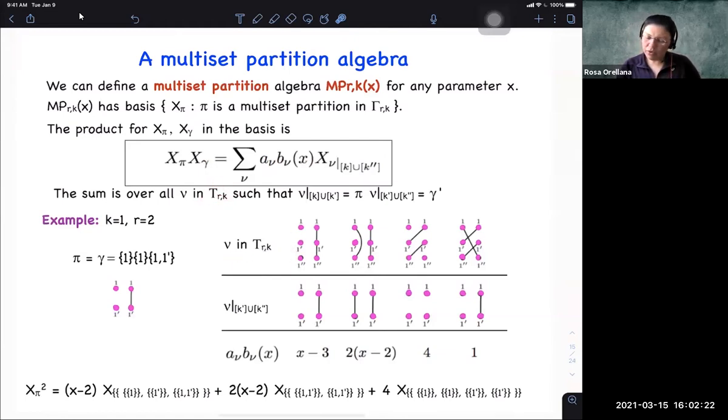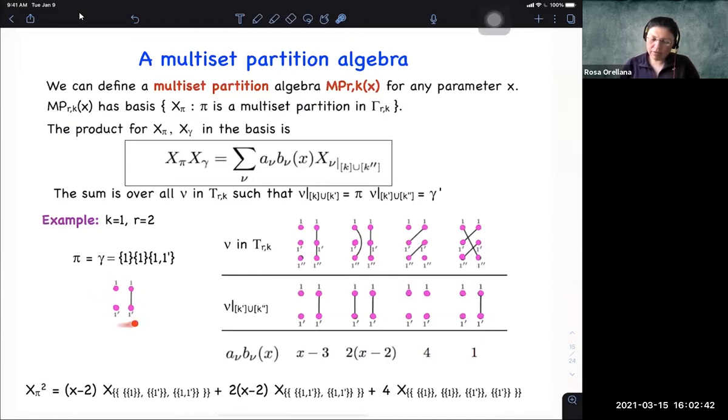Notice here you have all the triple deckers that you can get, and the conditions are that if you only restrict yourself to the top, it looks like pi. If you only restrict here to the bottom, it looks like the gamma. And then you have to look at all the possibilities that you can construct.